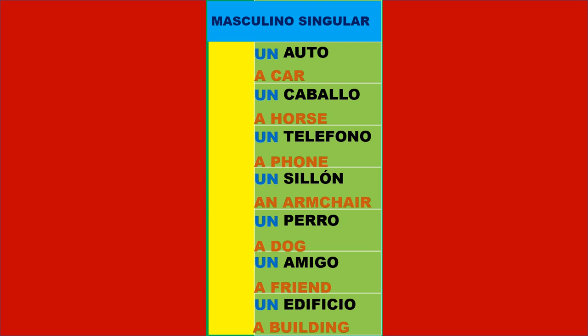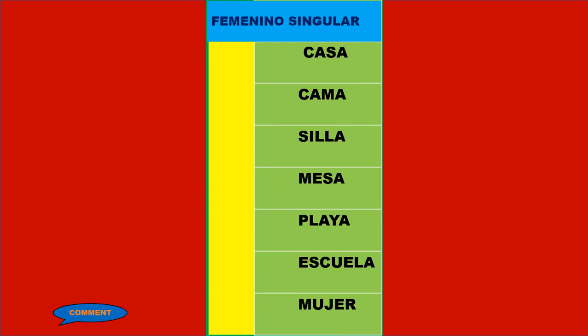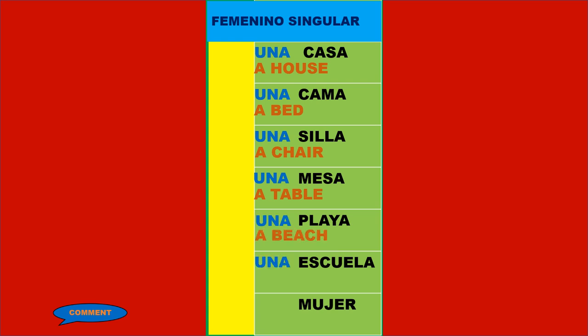Okay, so let's go with the next slide. We have here femenino singular, singular feminine. We don't use un. In this case, we use una casa, una cama, una silla, una mesa, una playa, una escuela, una mujer.